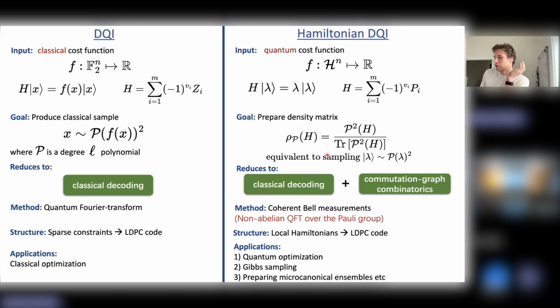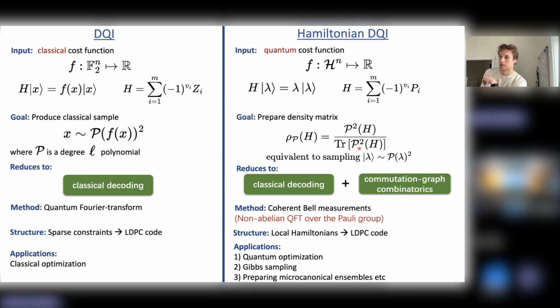Okay, and let me say one more very important thing, which is that in DQI, we only give classical optimization as applications. But if you look here at the density matrix that we prepare, of course, you could choose your polynomial to approximate other functions as well. You could, for example, choose your polynomial to approximate the exponential function, e to the minus beta x.